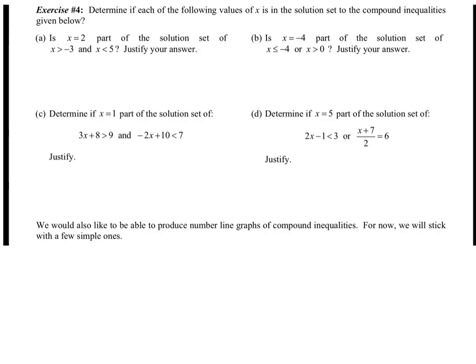So is 2 part of the solution set? Is 2 more than -3 and is 2 less than 5? So is 2 more than -3? Yes. Is 2 less than 5? Yes. Since it's an and, then this one is true. Yes, this one works.